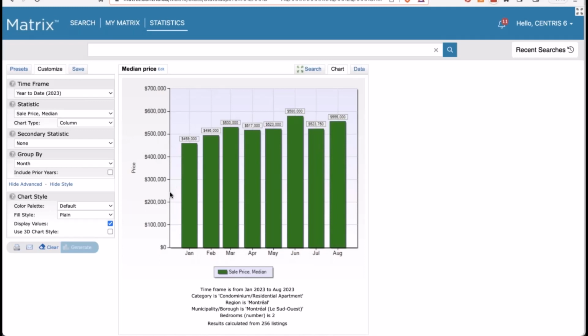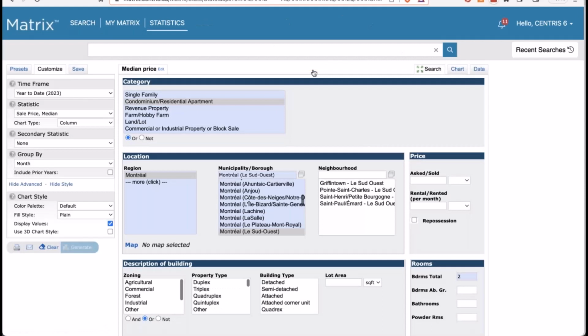So if your graph comes out as a matchstick or a flat line, don't worry, you can try other options on the left here. You won't break anything, and keep trying until you have the graph that you want to illustrate, okay? Now you can go back into the search at any time and adjust your search.